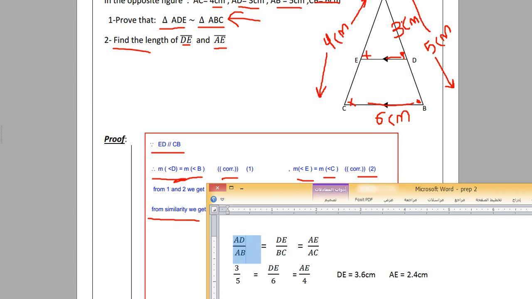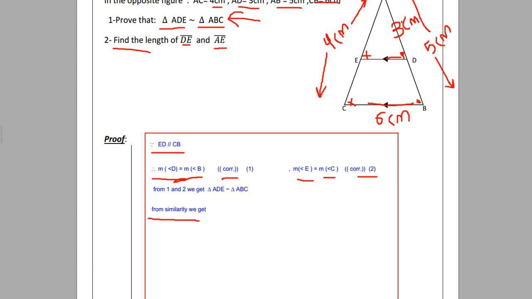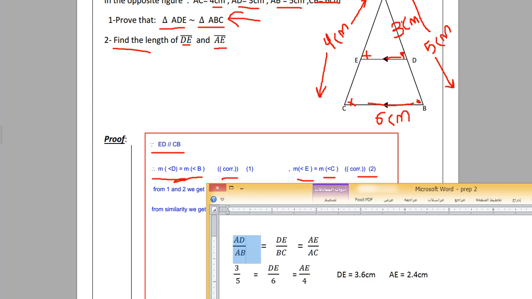So AD from here over AB. As I told you, the arrangement is very important, so we will use the letters of the two triangles from here. So AD over AB equals DE over BC equals AE over AC.